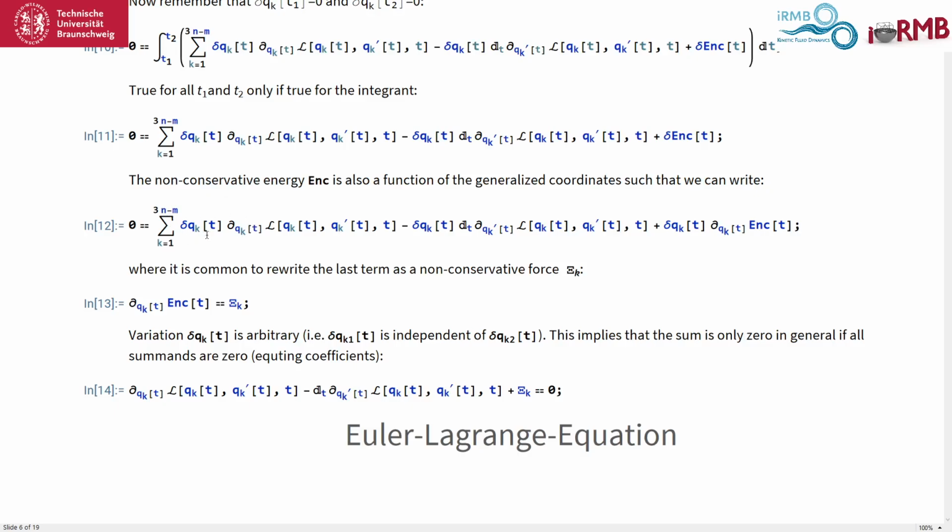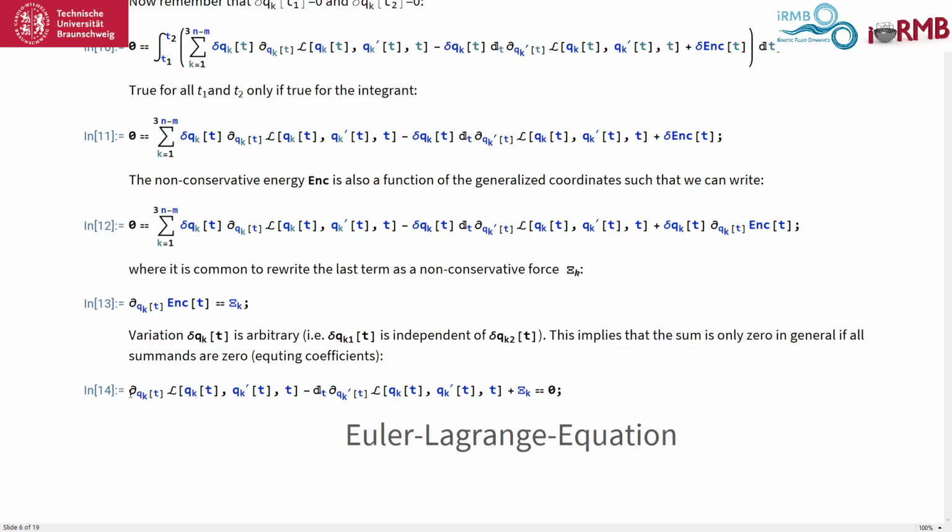So then we can also get rid of the sum. And because delta qk, the variation of qk, is non-zero, but the entire equation is 0, we can also get rid of this variation.